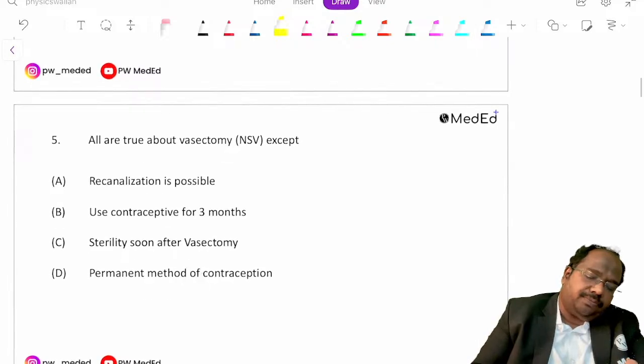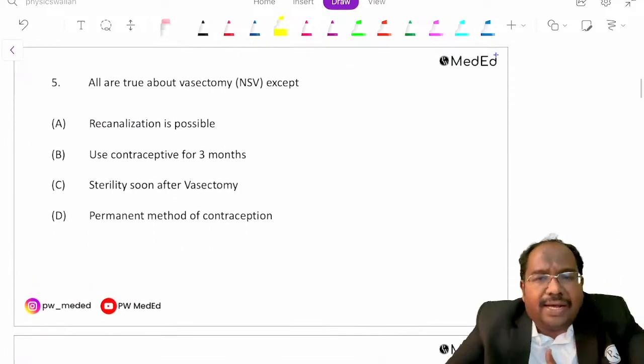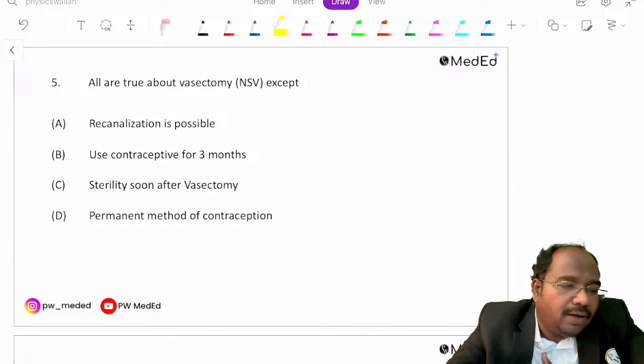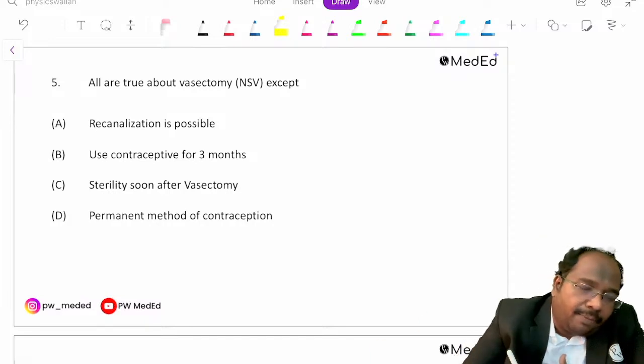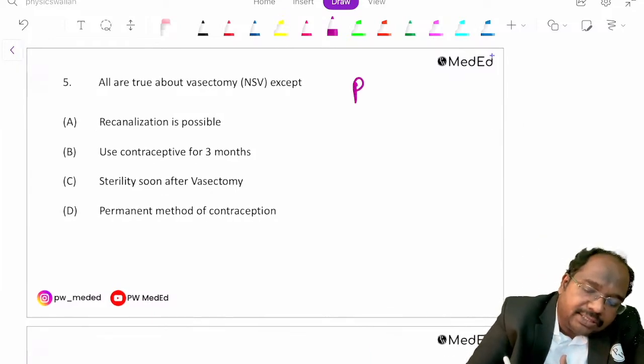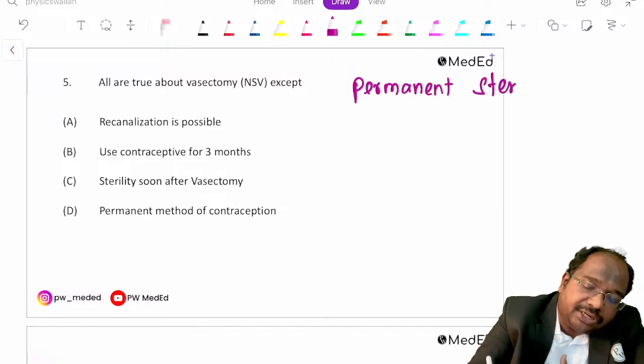Next question. All are true about vasectomy except. NSV means no scalpel vasectomy. What is wrong here? It is a form of permanent sterilization, guys.